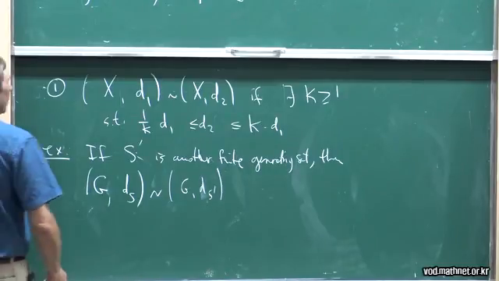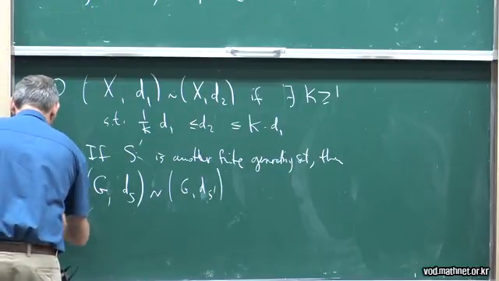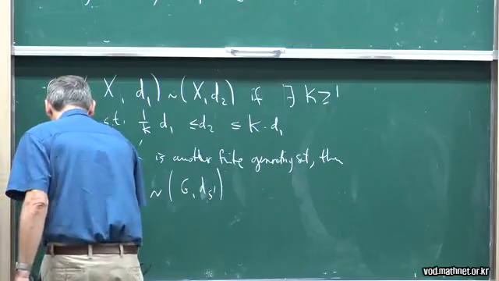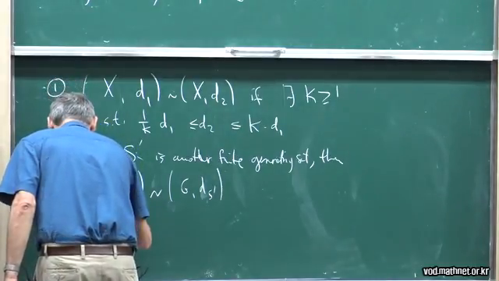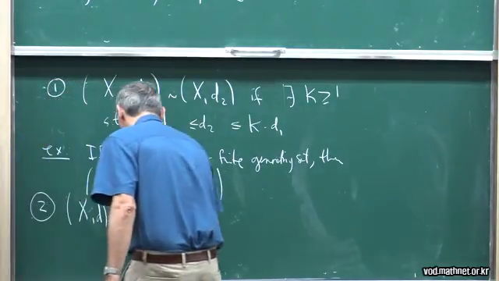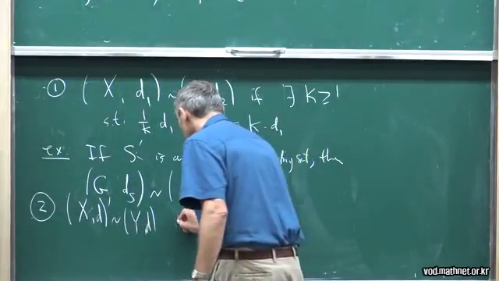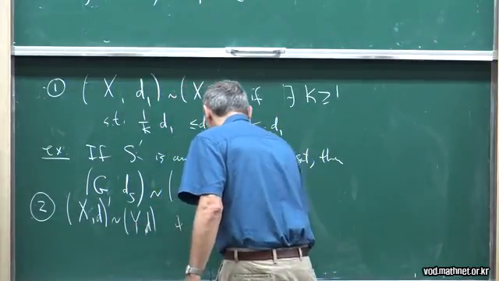Okay. Now the other operation is passing to co-bounded subsets. So I'm just going to declare that X with any metric d is equivalent to Y with the same, or restricted, metric d, if Y in X is co-bounded.